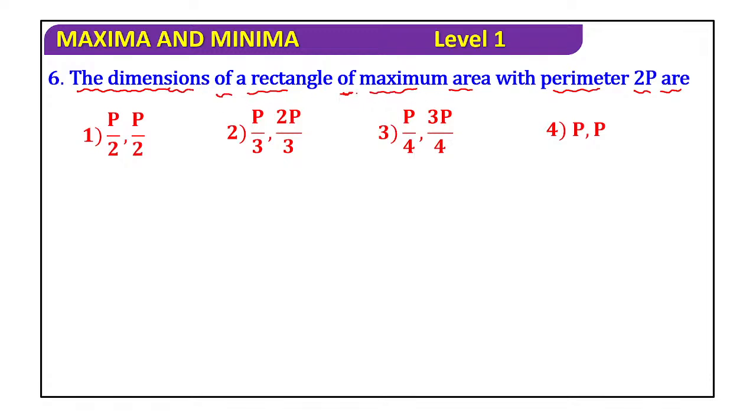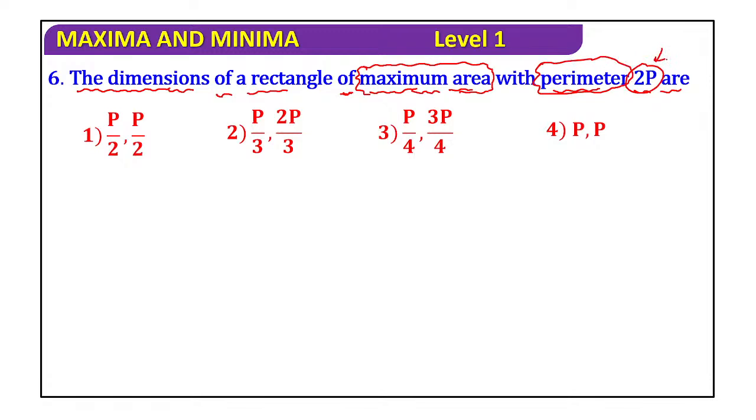They are asking for the maximum area whenever the perimeter is 2p.